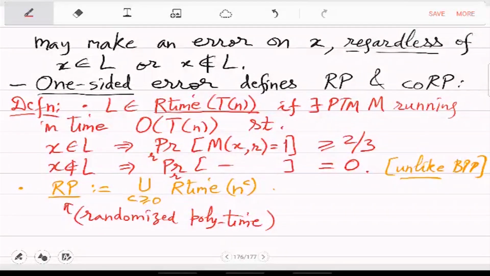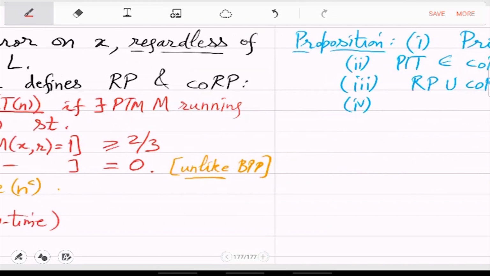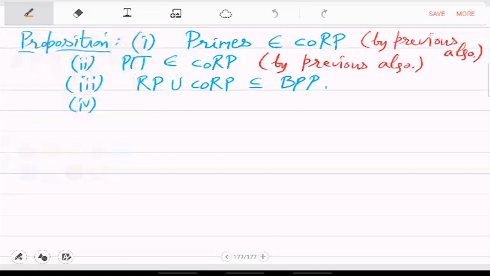Now if for some string r, M accepts x, then it has to be the case that x is a yes string, because for a no string x, there is no such r. So actually here r is a certificate. So RP problems are actually in NP, they are certifiable, and similarly co-RP is in co-NP.